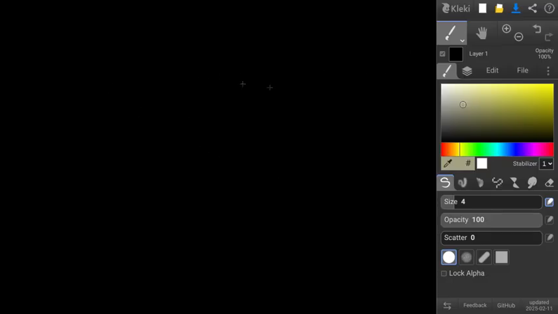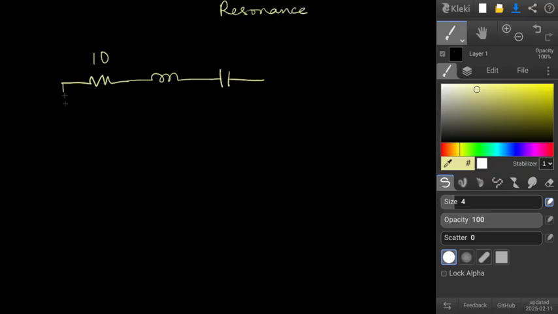See, let's take the same circuit as before. 10. So now I'm talking about resonance. So this is 50 millihenries, and this is 100 microfarads.